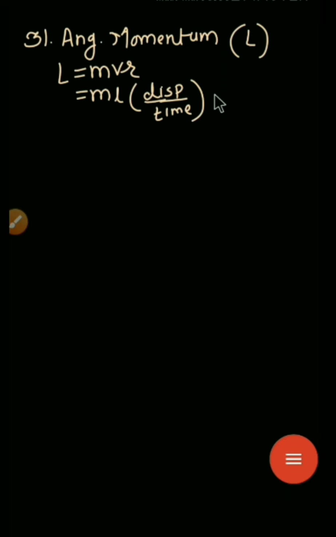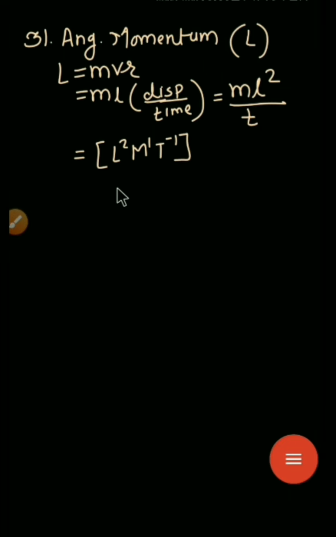So this becomes m, L, displacement is length so L square, and time t. Finally we have L2 m1 t minus 1. This is the dimensional formula for angular momentum.